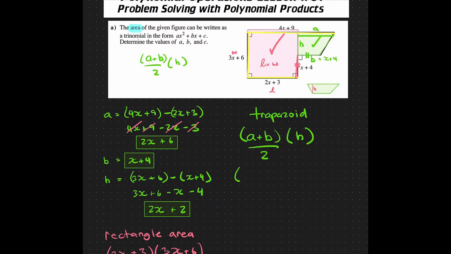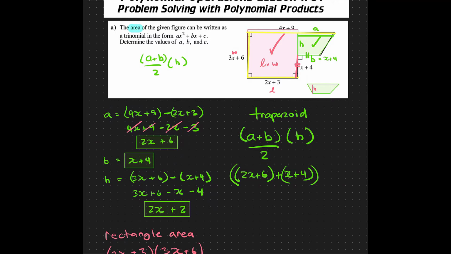So I've got a bracket and an a. Oops, that's definitely not a 2. A is going to be 2x plus 6. And I'm going to add to that b, which is x plus 4. Okay, and that's going to be in brackets. Now, I know I have to divide by 2 and multiply by h, but I'm going to work this one first.